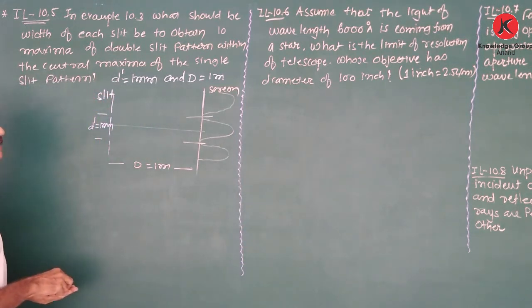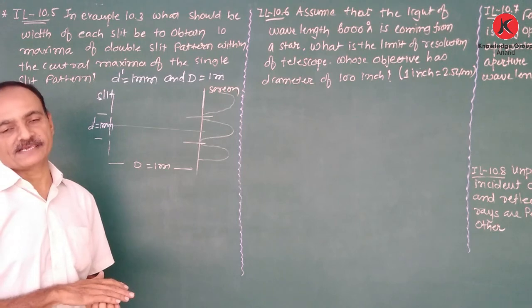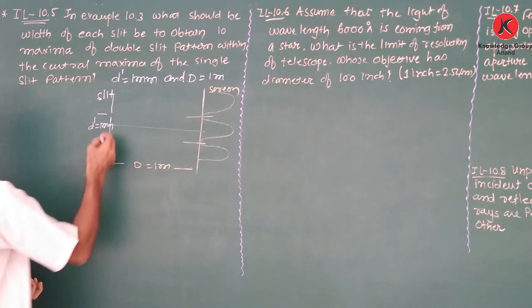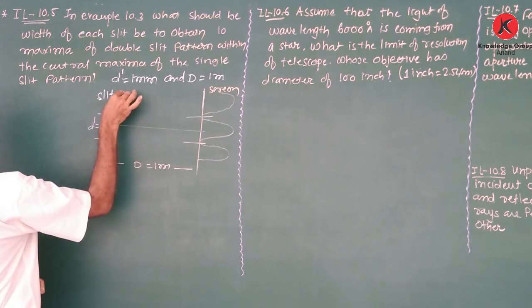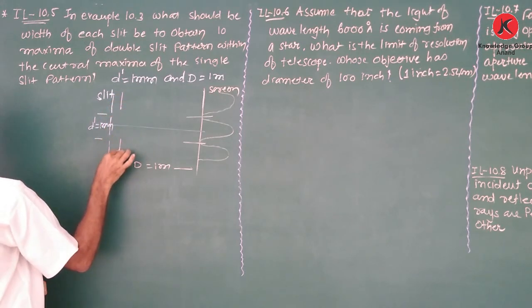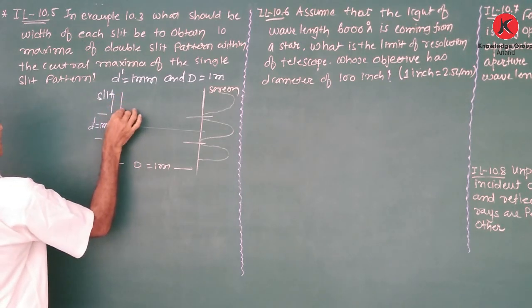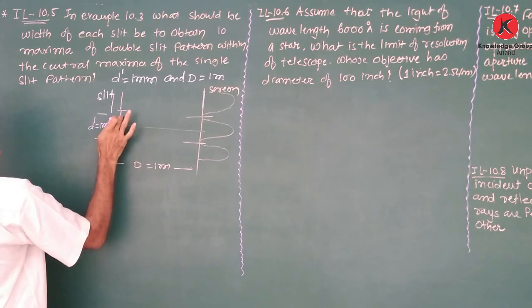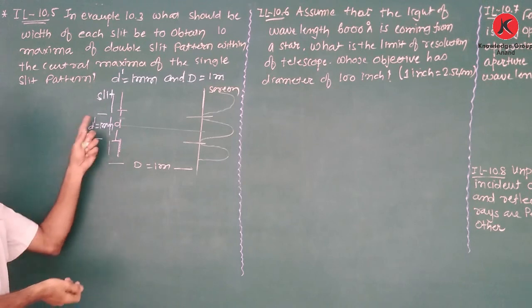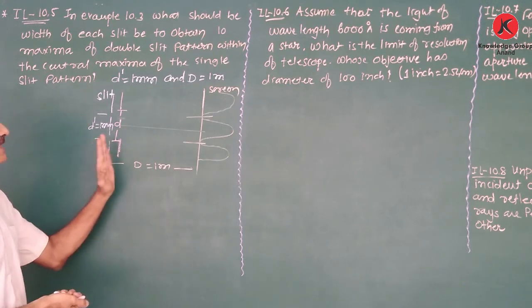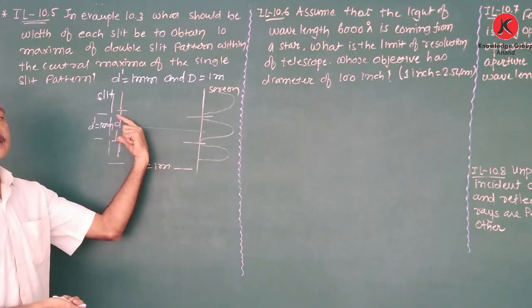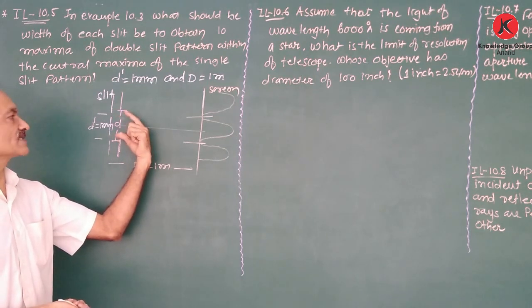Okay. Now, we are using the single slit experiment, that means the diffraction pattern. In the diffraction pattern, the slit is like this, and the width of this slit is d. Instead of the two slits, we are using a single slit. The separation between the slit and screen is the same. Here we need to find out the width of the slit.